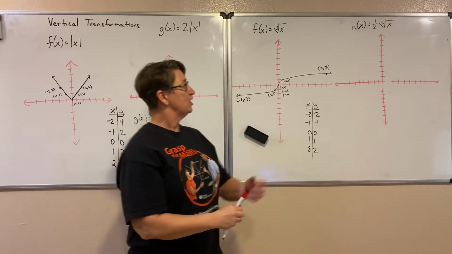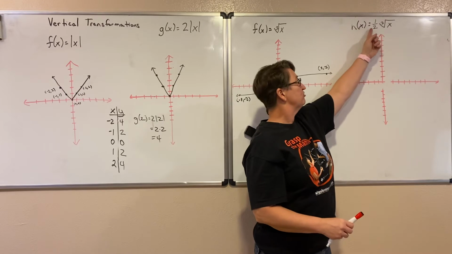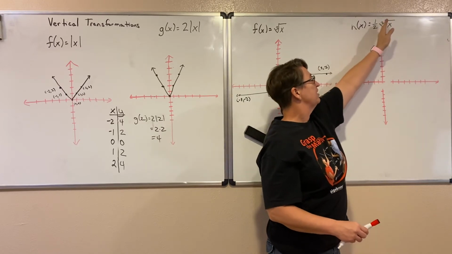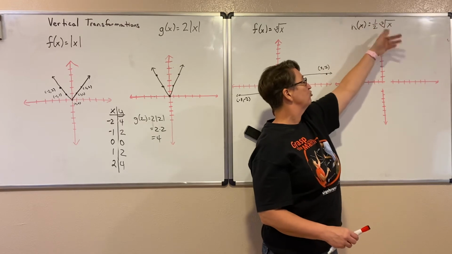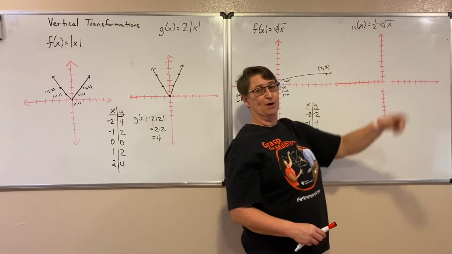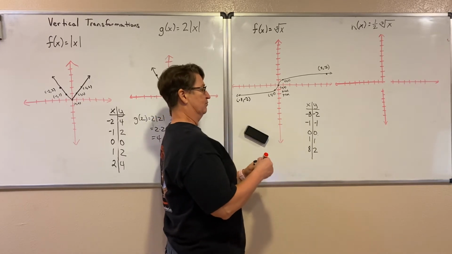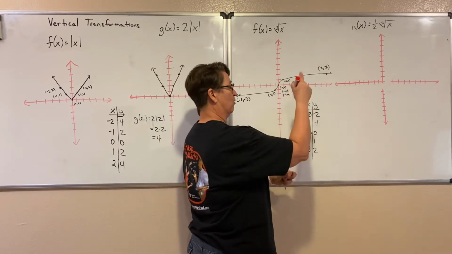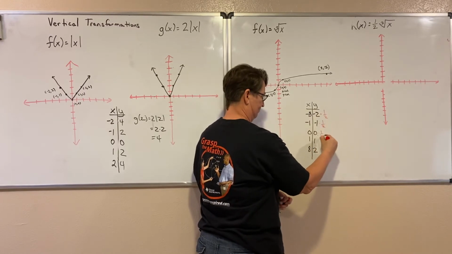And again, we know that this is going to affect my y values. I'm just taking whatever my function was and multiplying it by 1/2. So whatever my y values would have been, I'm going to multiply them all by 1/2. So algebraically, it looks something like this. I'm just going to take my y values and multiply them all by 1/2.